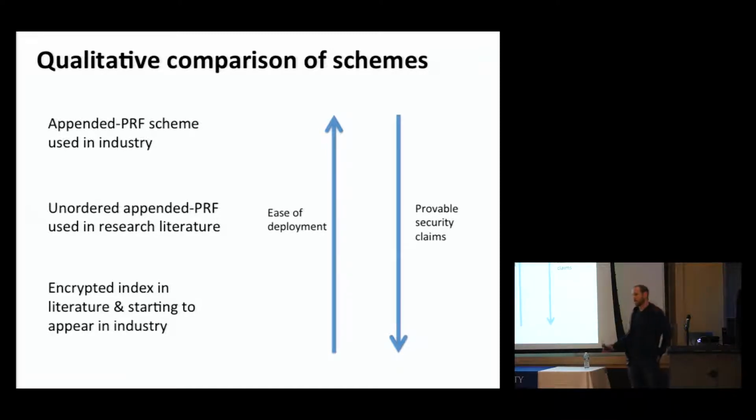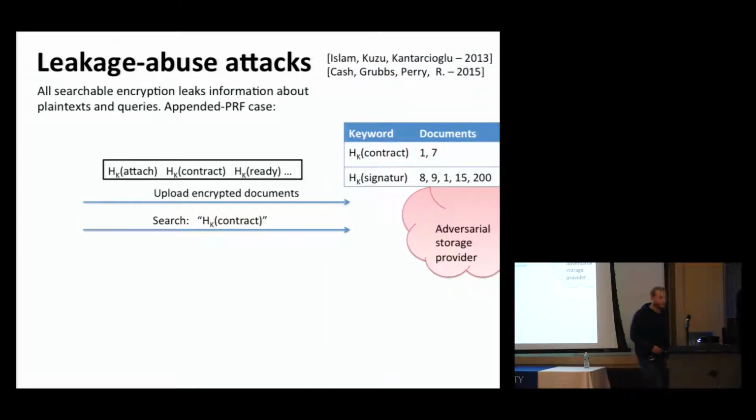So instead of getting into formalisms, I'm just going to give some examples relative to the three schemes I described. And particularly think about this setting in which now we think of our storage provider as adversarial. And they want to learn some information either about queries or the keywords queried or the plain text themselves from the view that they get of the stuff that's uploaded.